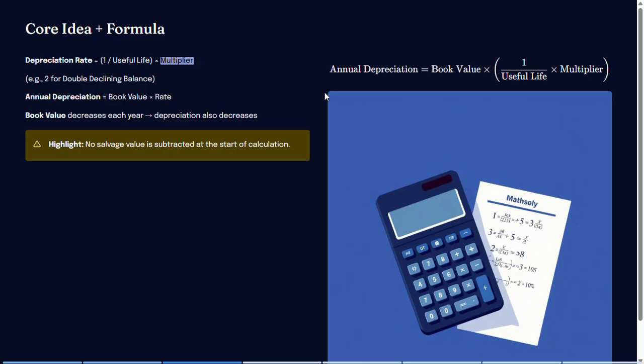Then the formula becomes annual depreciation is equal to book value times rate. Notice something important. We don't subtract salvage value at the beginning, and it only becomes relevant near the end of the asset's life.